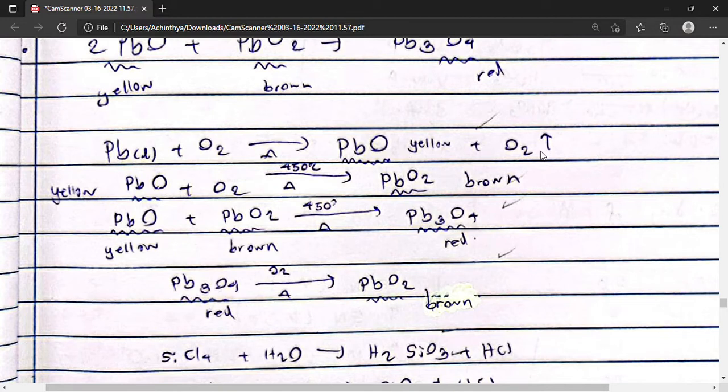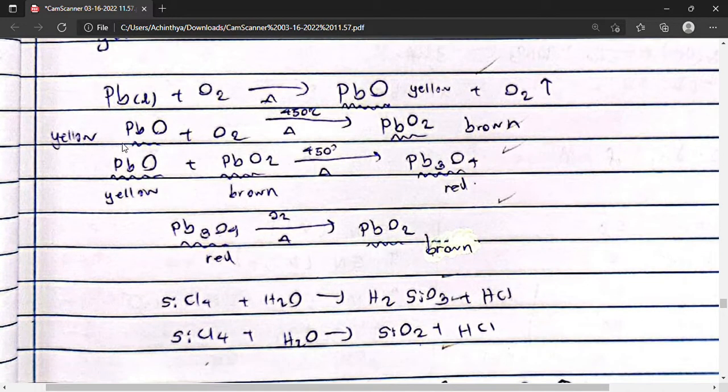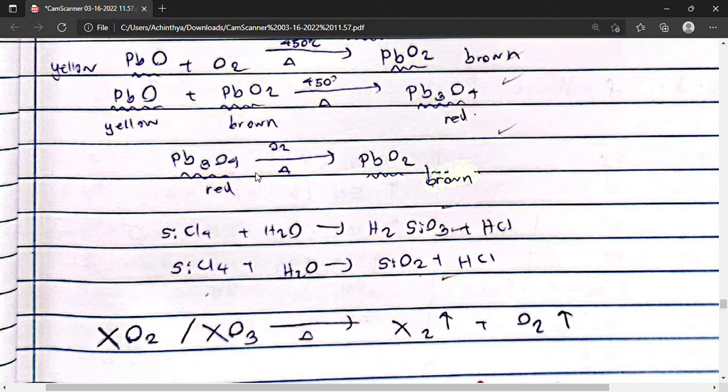The yellow color plumbous oxide reacts with oxygen at 450 degrees Celsius to form plumbic oxide, which is brown in color. Then the yellow plumbous oxide and the brown plumbic oxide together react at 450 degrees Celsius to form the red color lead oxide, which you can actually convert back into plumbic oxide by heating it in extra oxygen.